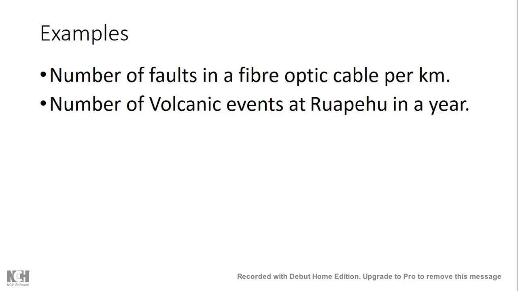And per kilometre is obviously a continuous measurement, so let's think of some other continuous ones. Look, there's an example underneath. Year, so time is a continuous measurement. If we look at the second example, the number of volcanic events at Ruapehu in a year, or the number of volcanic events per year, you could have said it as.